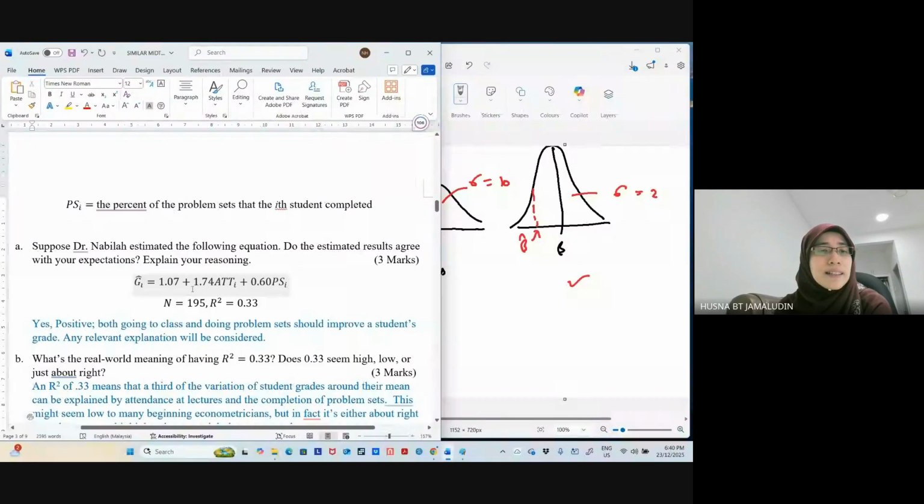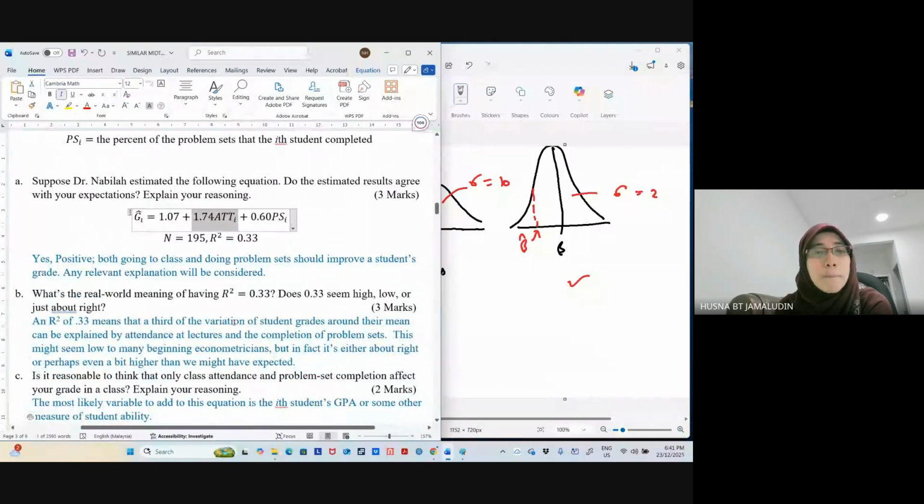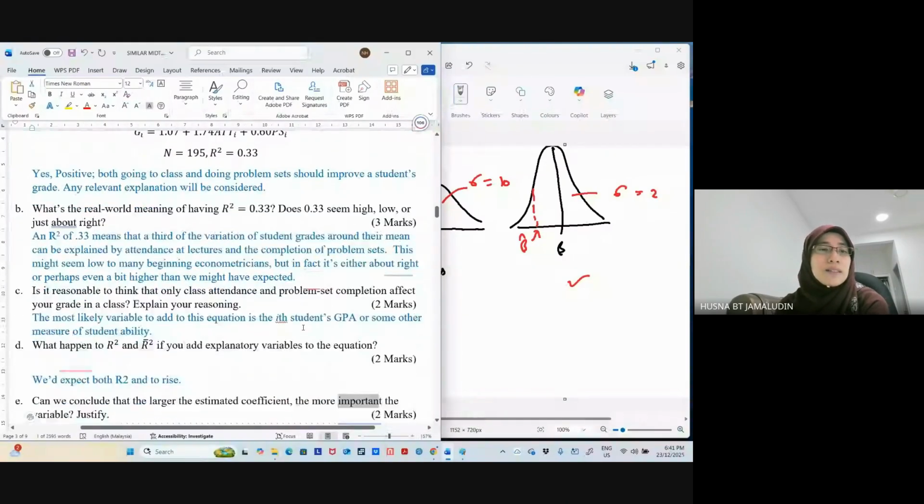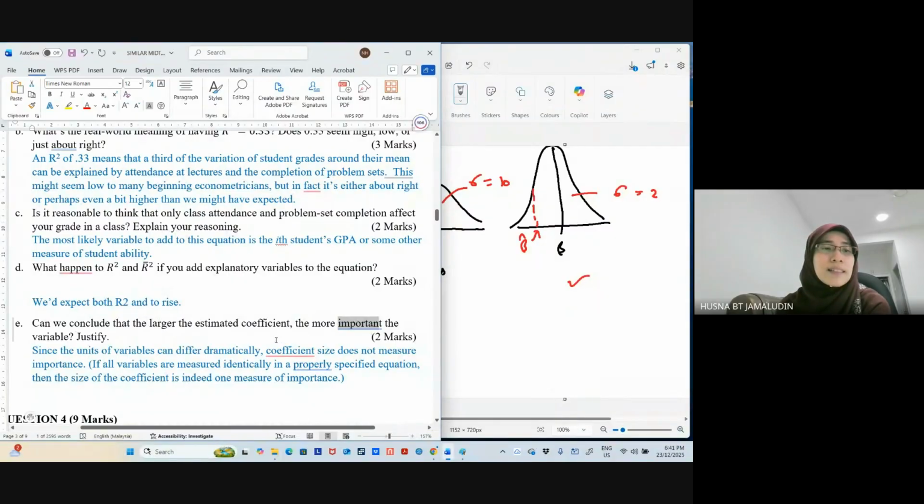When Dr. Sakina estimated this equation, attendance has a larger estimated coefficient, 1.74 compared to 0.60. So can you say that attendance is more important than the second one? This is what the question is asking.